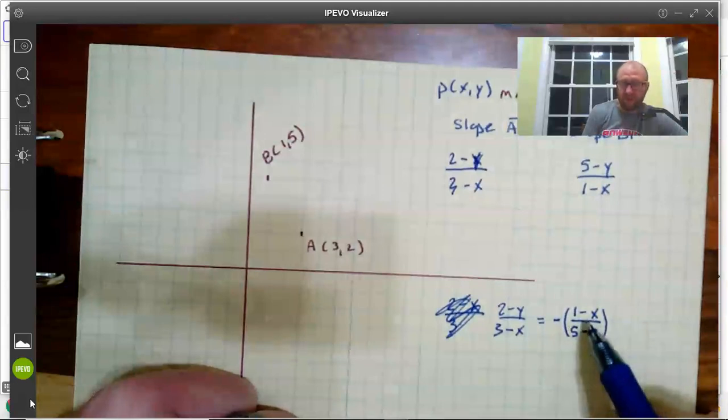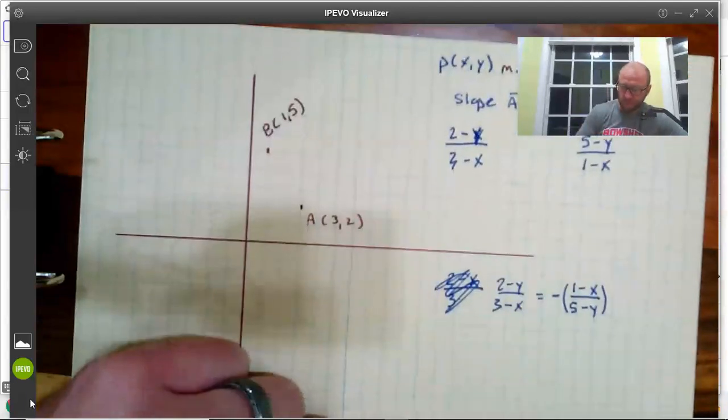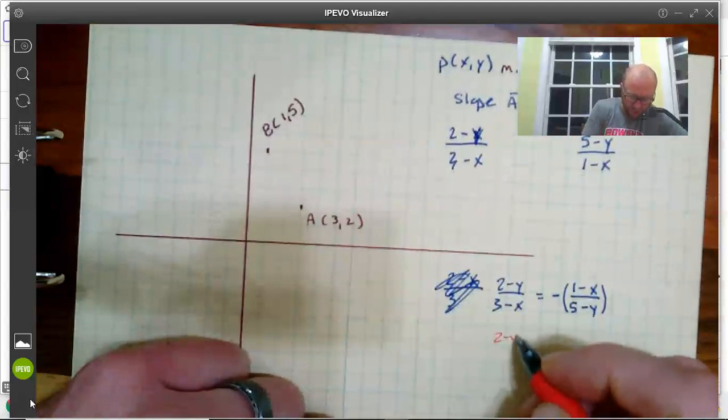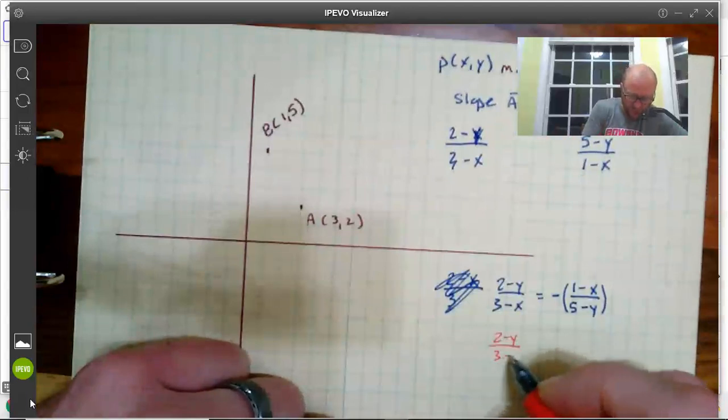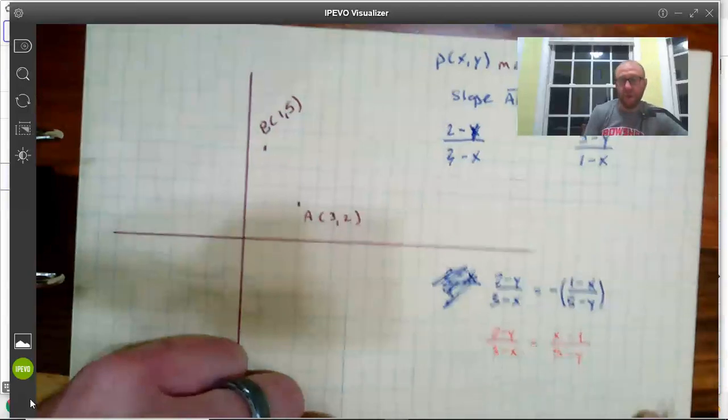Now I can take the negative into the numerator and change the signs of everything in the numerator. So 1 becomes negative 1, and negative X becomes positive X. That gives us 2 minus Y over 3 minus X equals X minus 1 over 5 minus Y.